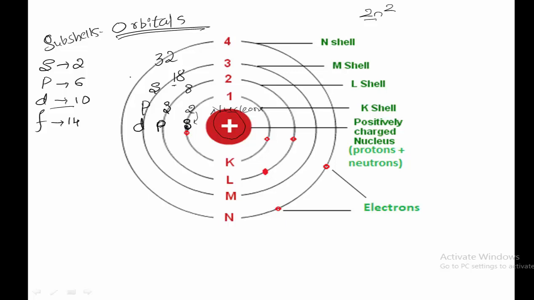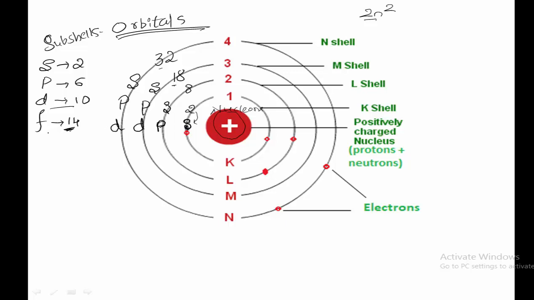Again in the fourth shell 32 electrons are there. First 2 electrons will occupy S. The next 6 electrons will occupy P, and 10 electrons will occupy D. So totally 18 electrons have been occupied. Remaining how many? 14 electrons.